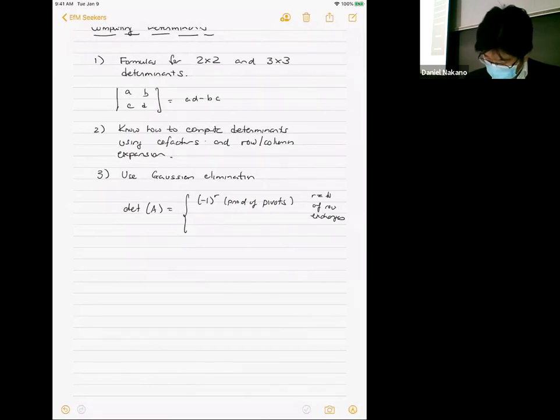That applies if A is invertible. And of course, it's 0 if A is not invertible. If A is not invertible, then one of the pivots is going to be 0. So you'll be able to tell by using Gaussian elimination whether you can actually invert the matrix or not, and whether the determinant is equal to 0 or not equal to 0.